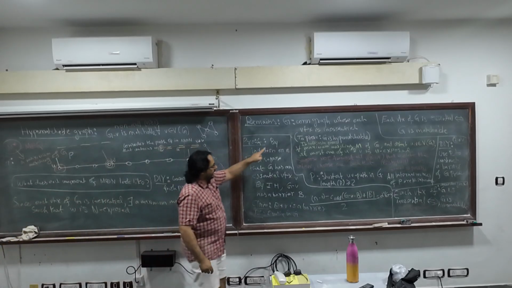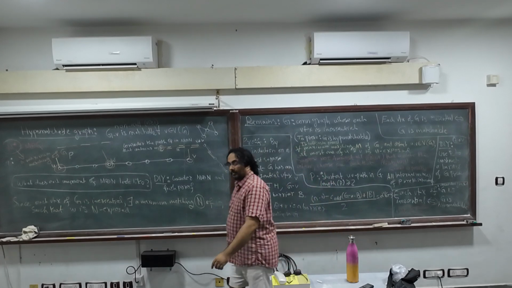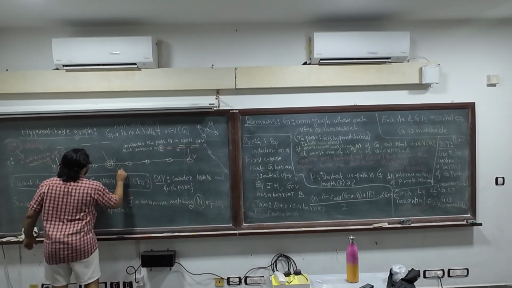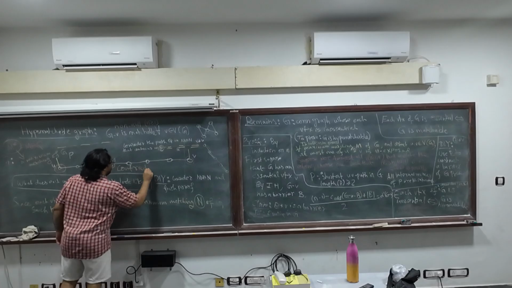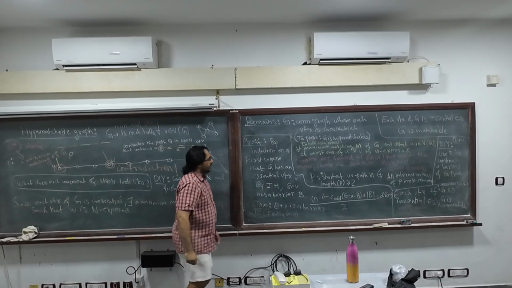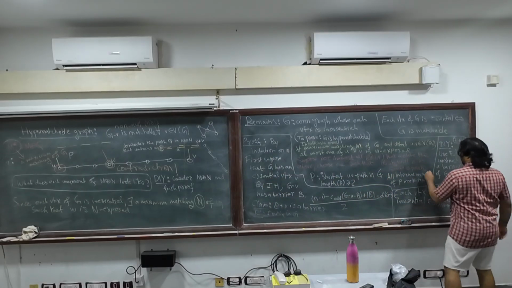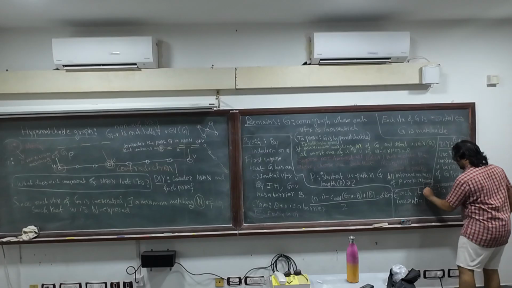That contradicts our choice. We minimize the distance between the two vertices. Right? So we are done. We proved this statement and we agreed earlier that this was enough. So everything is done.